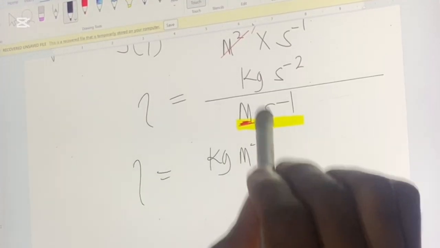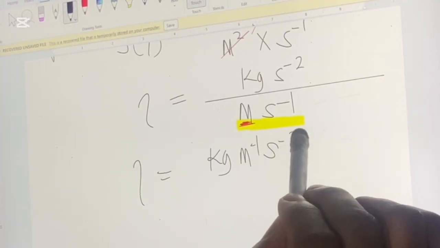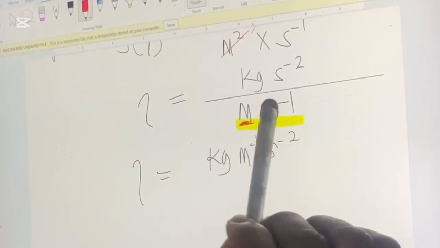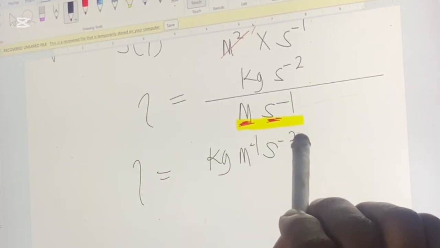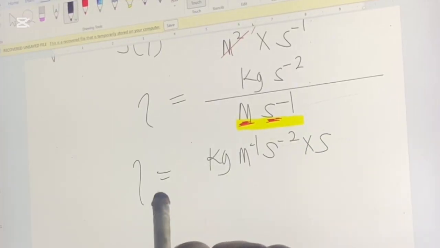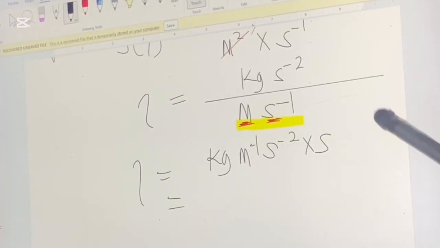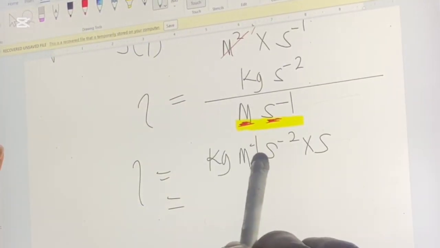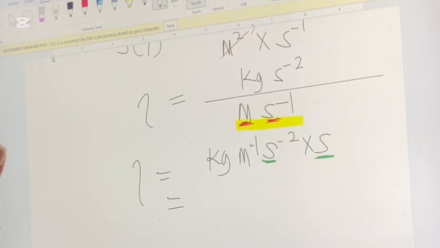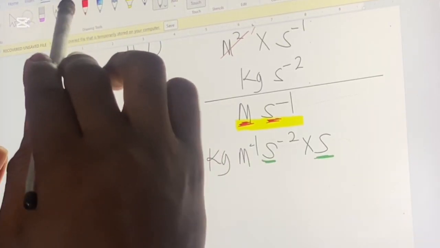Now we already have per second squared. Taking this one from denominator to numerator is going to be times seconds. Of course, there's a law that whenever we have two bases, we take only one and add up their powers.